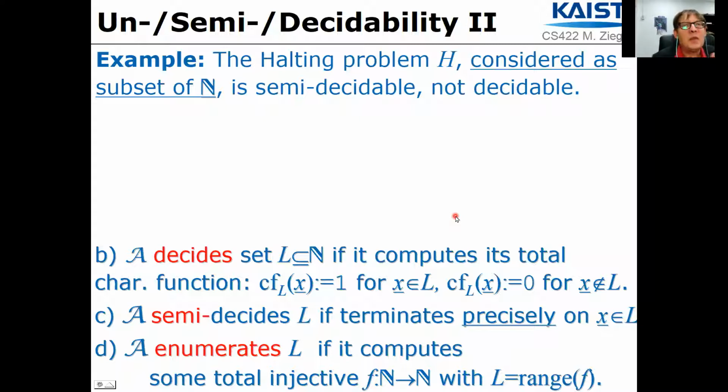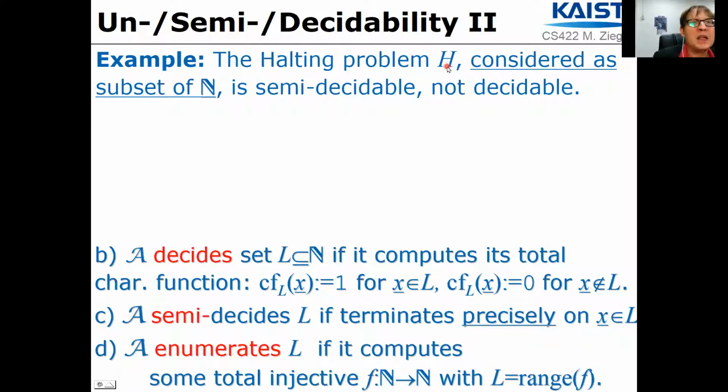We can thus define mathematically the halting problem as a subset of natural numbers, namely the subset of all encodings of pairs of algorithm and input that terminate. Those which do not terminate are by very definition not an element of this subset. And those that are not encodings of a syntactically correct algorithm are also not elements of that formalization of the halting problem as a set of natural numbers.